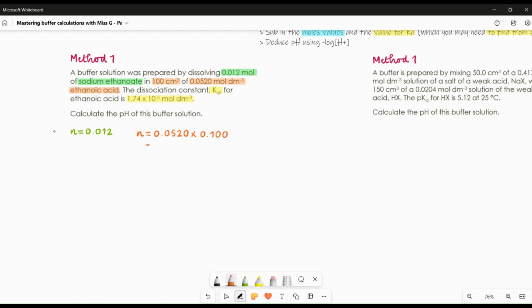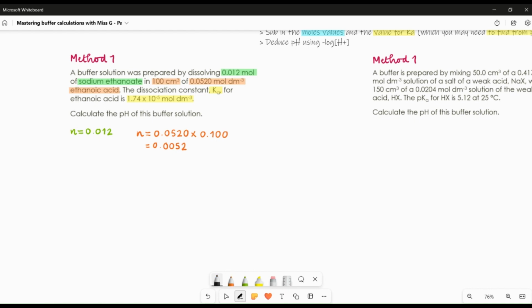So that's then going to be times 0.1. And then I just need to work out what that is. 0.0052. Then I've got my value for Ka.